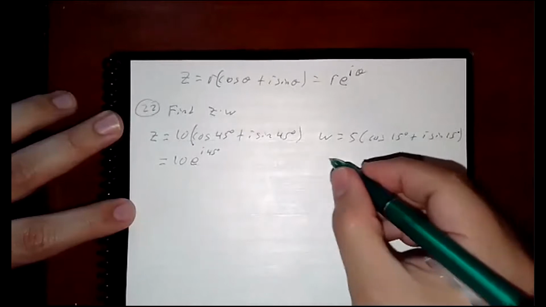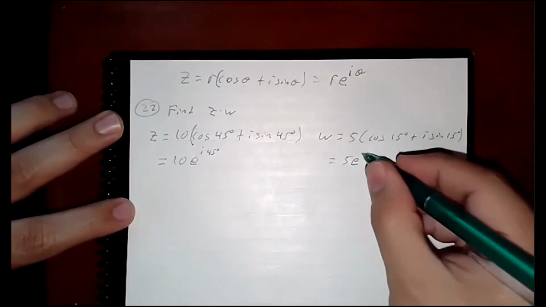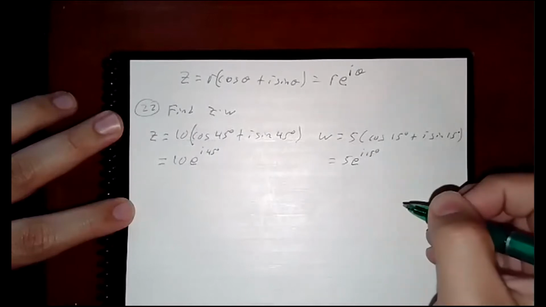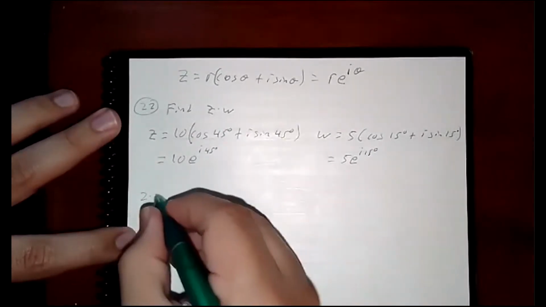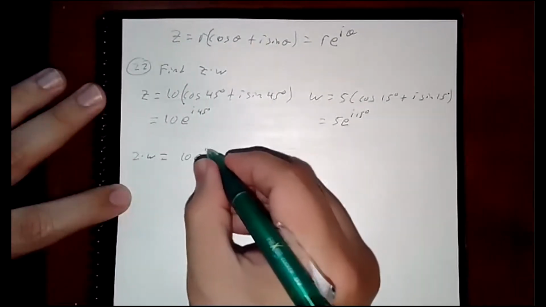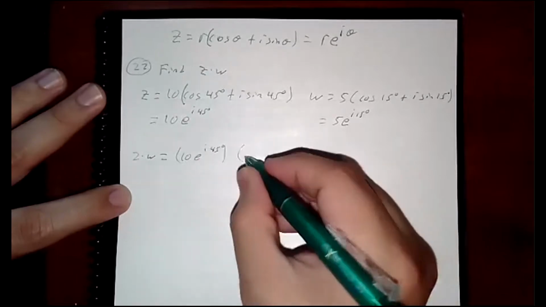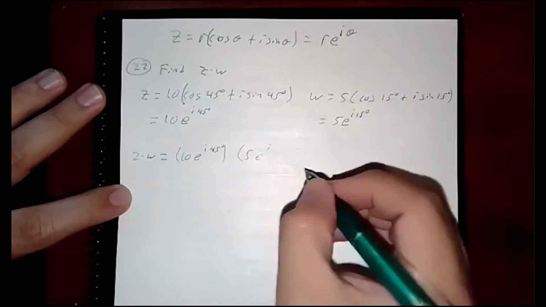This one would be 5 e to the I 15. So that means z and w multiplied will simply be 10 e^(i45) times 5 e^(i15).